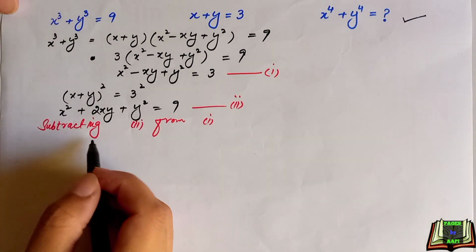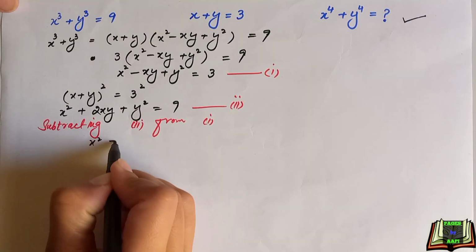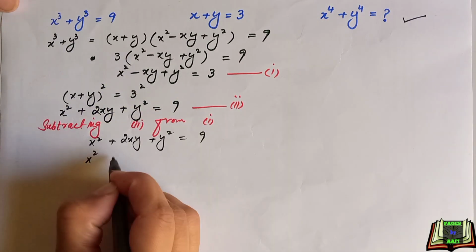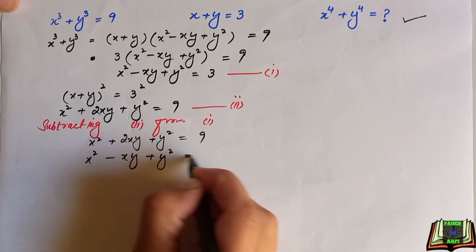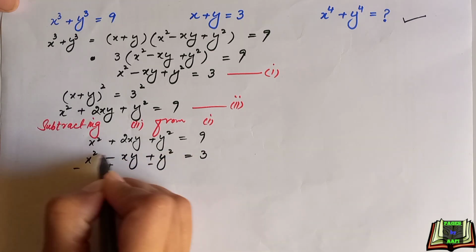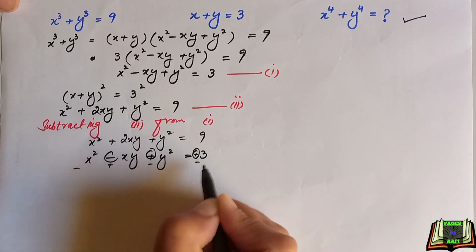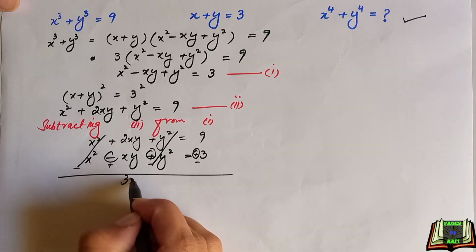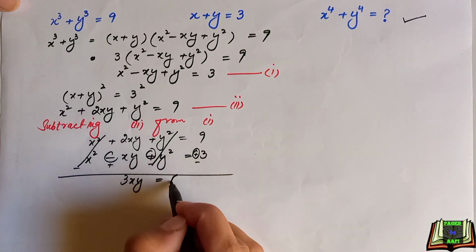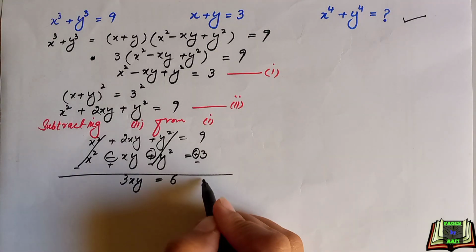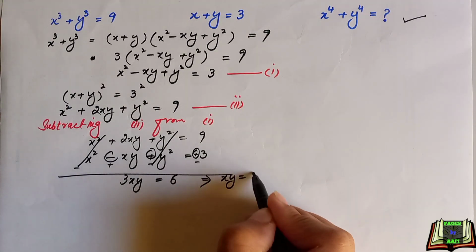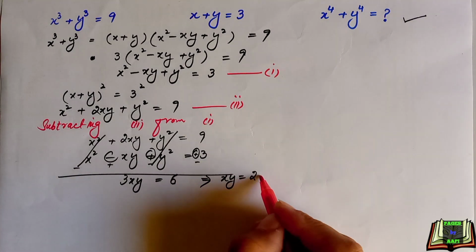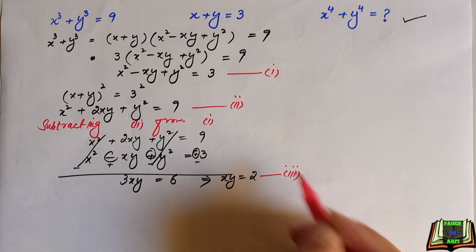It can be written as x square plus 2xy plus y square is equal to 9, and we have to subtract equation 1, and when we subtract, the signs will be changed. x square will be cancelled out, y square will be cancelled out, and 2xy minus (minus xy) gives 3xy. 9 minus 3 is equal to 6, means 3xy is equal to 6, so xy is equal to 6 divided by 3, which is 2. Let's name this equation, xy is equal to 2, as equation 3.